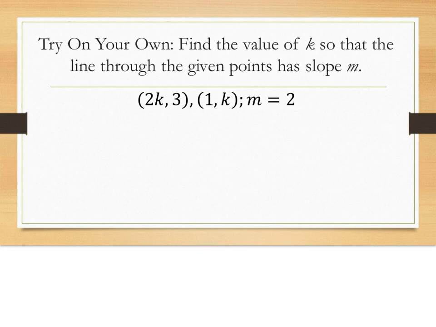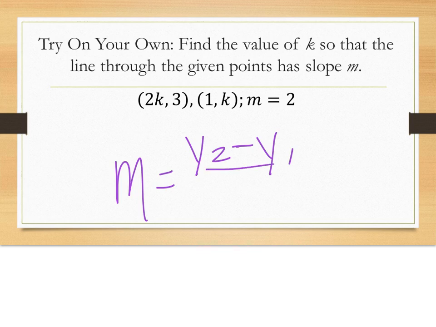This is your try on your own problem. It says find the value of k so that the line through the given points has slope m. So your hint, you're going to use this formula, m is equal to y2 minus y1 all over x2 minus x1.